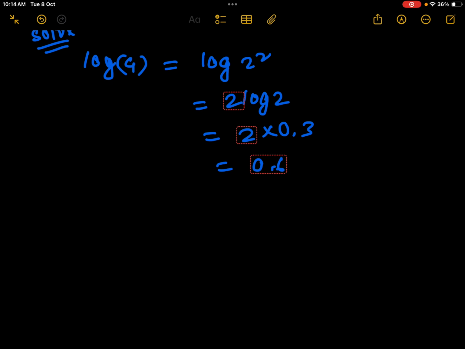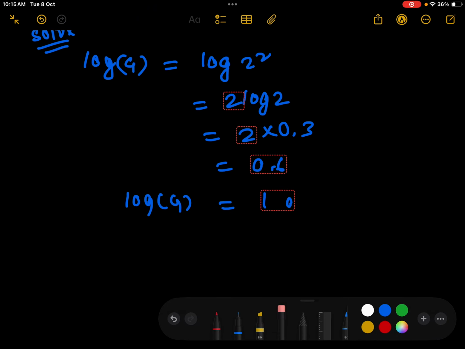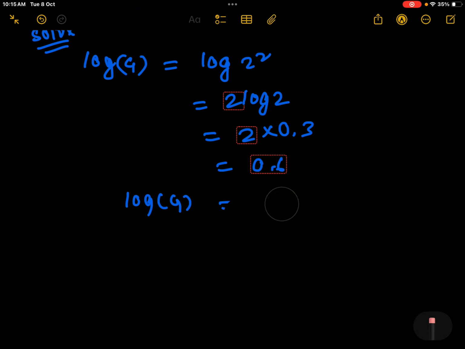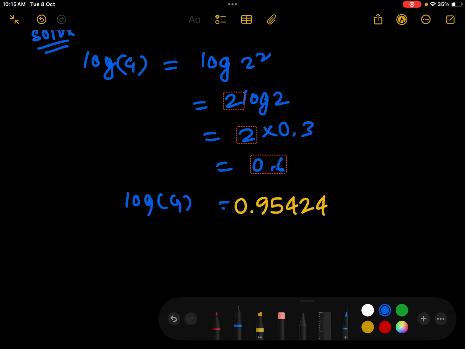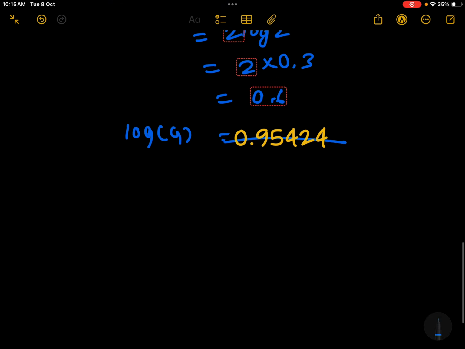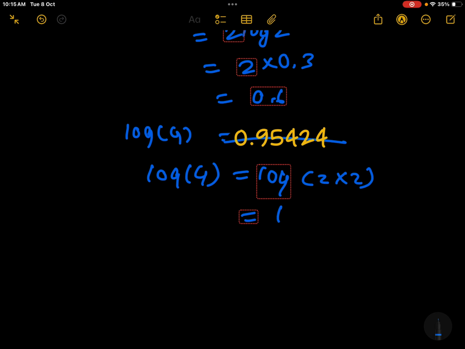Or you can use another method. There are various methods to solve the same question. Log of 4 can be written as log of 2 into 2, so it can be written as log 2 plus log 2.